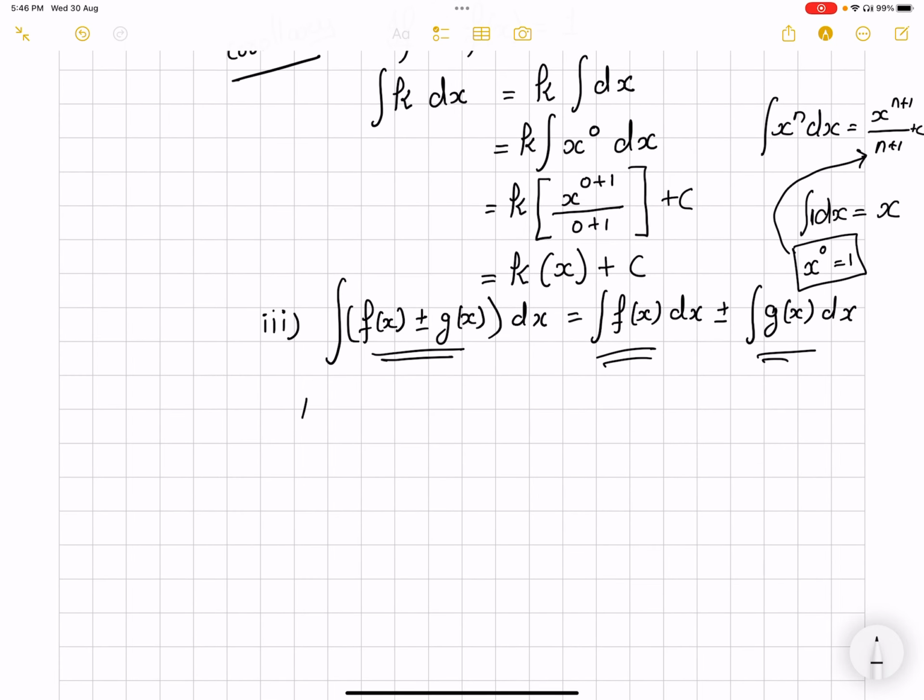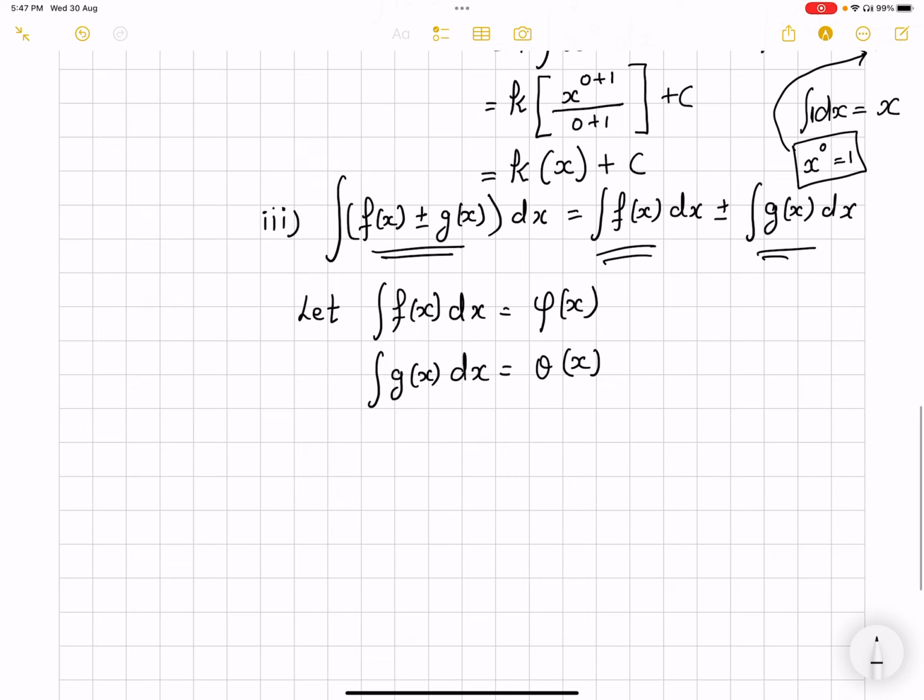Now let me consider, let integral f of x dx be equal to phi of x, and integral g of x dx be equal to, let me take theta of x, anything. So this is how I have done.